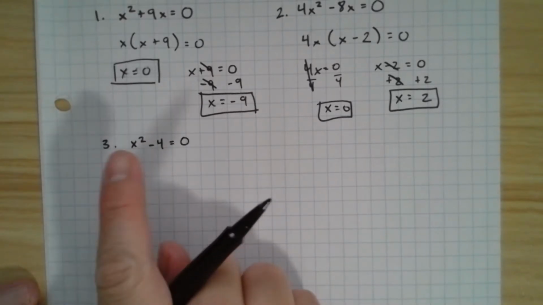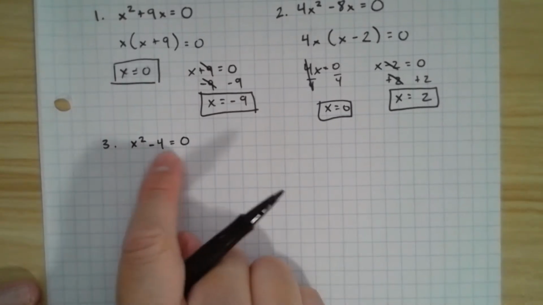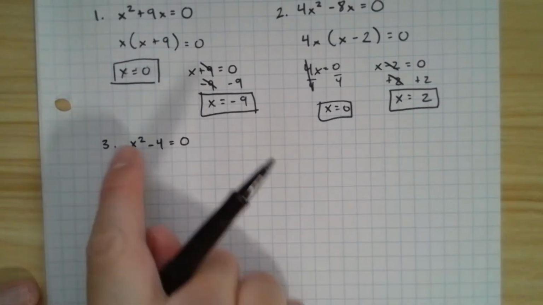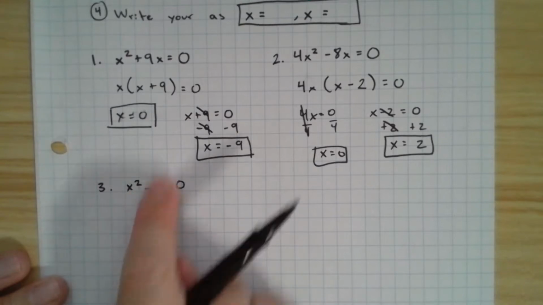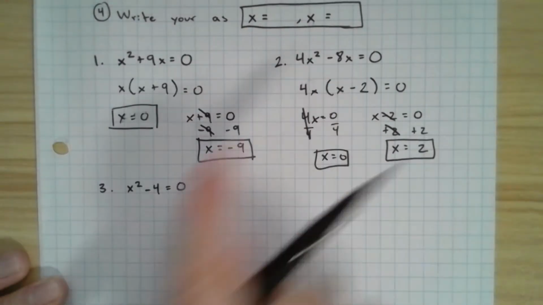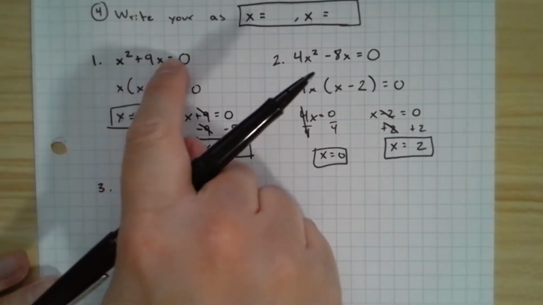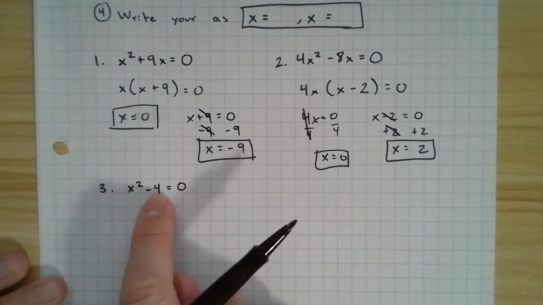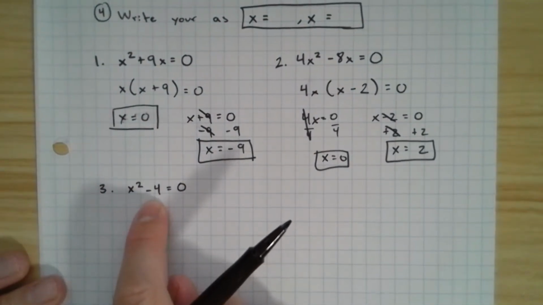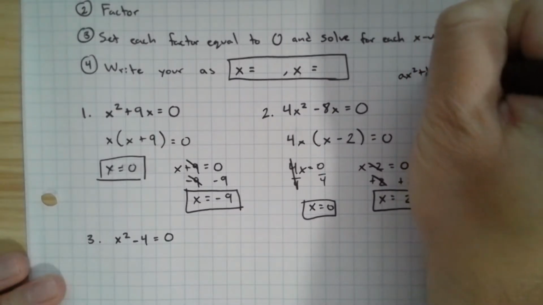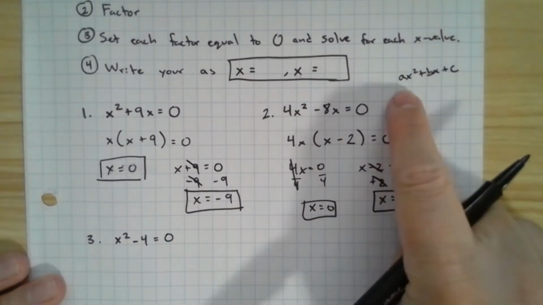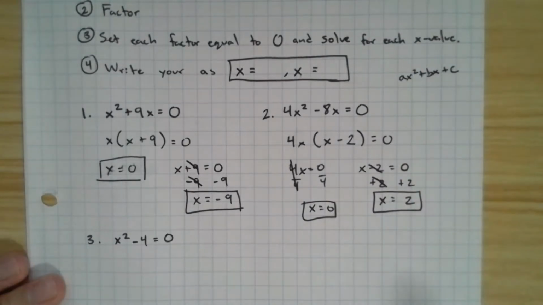You'll notice this one, I don't need to do step 1. Everything's already equal to 0. X squared minus 4, only 2 terms again. But there's a difference between this example and the previous 2 we did. That second term does not have an x. This means this is the third term in our usual form. A quadratic equation, if you guys recall, is ax squared plus bx plus c.